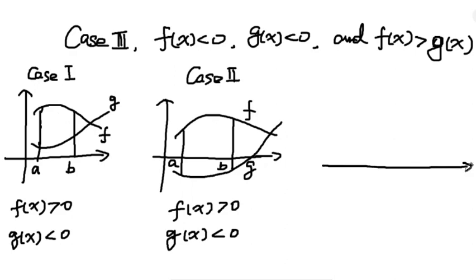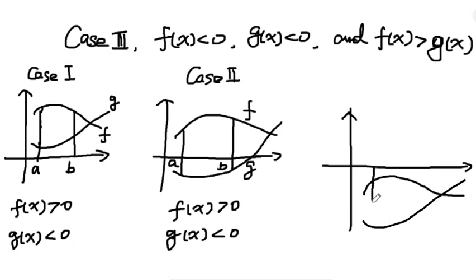And then here we form case 3. So we have both negative, but my function f is still greater than g.